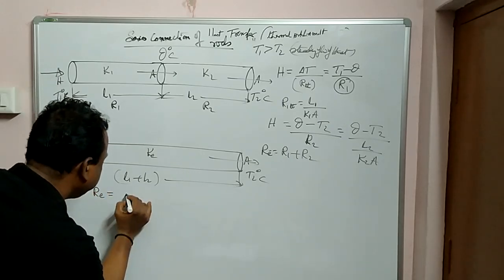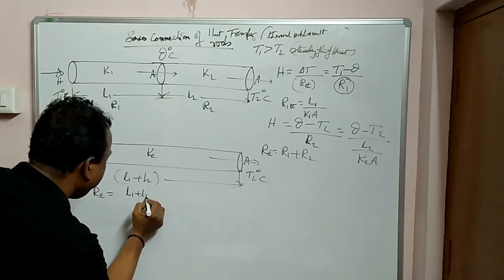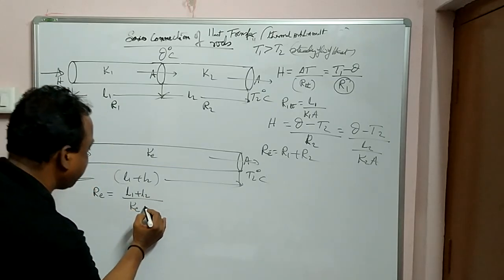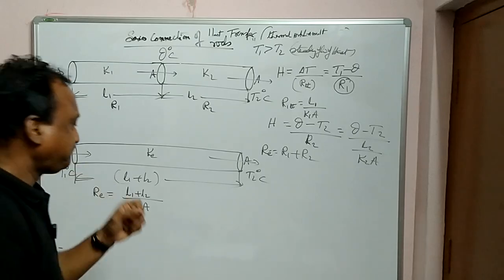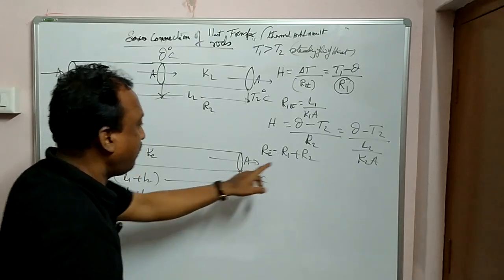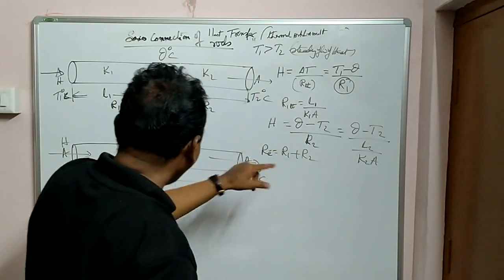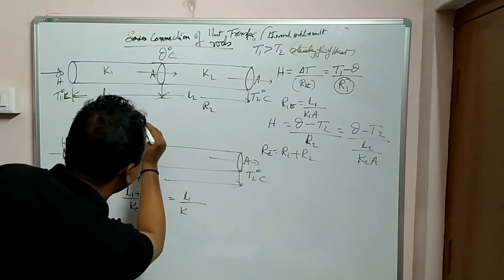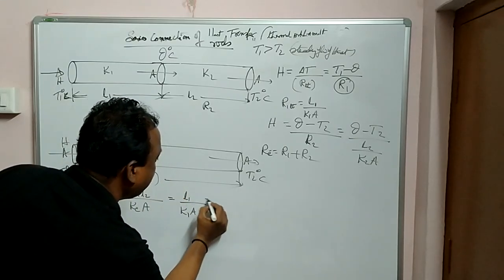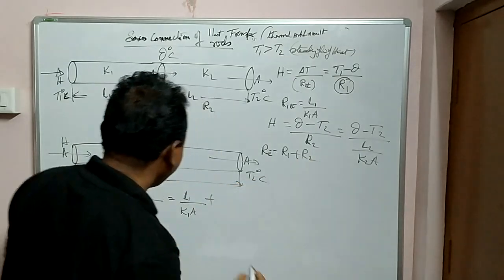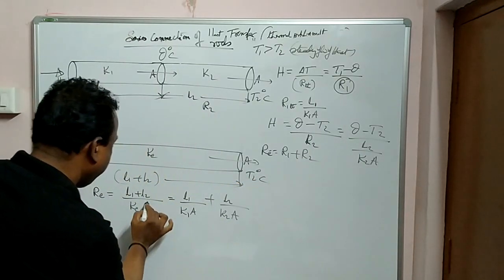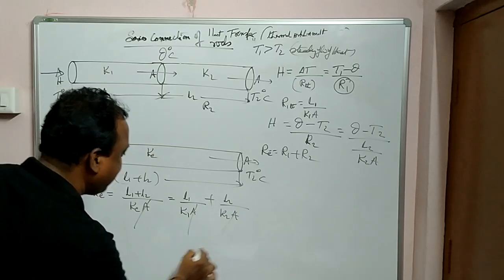What is L here? L1 plus L2 by Ka. The K and area are constant. Here it is equal to R1, L1 by K1A, plus R2, L2 by K2 into A. You can see the common A term is there.